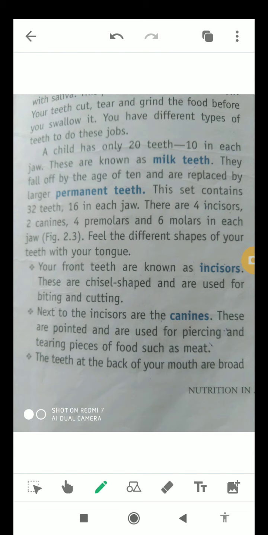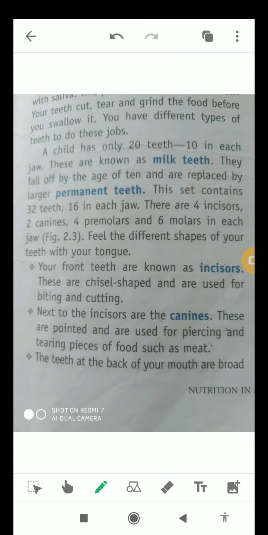These teeth are replaced by the permanent teeth later on, generally after the age of 10 or 11. They fall off and are replaced by the larger permanent teeth.